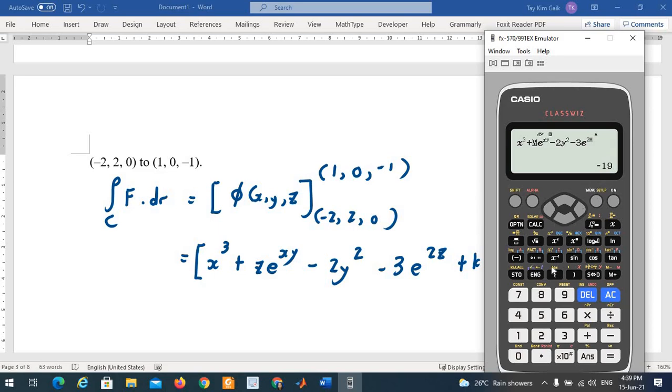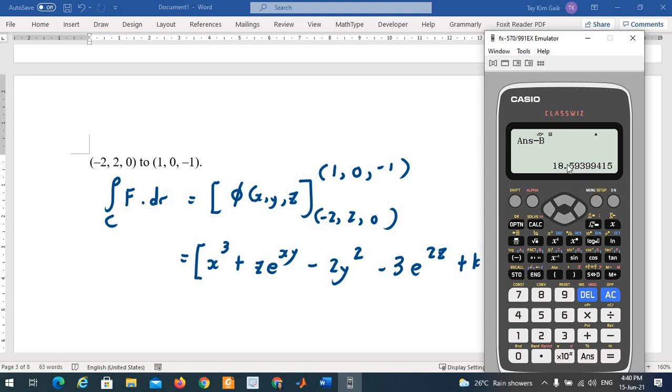So I call back A, upper limit deduct lower limit, minus the B. So the answer is 18.59.